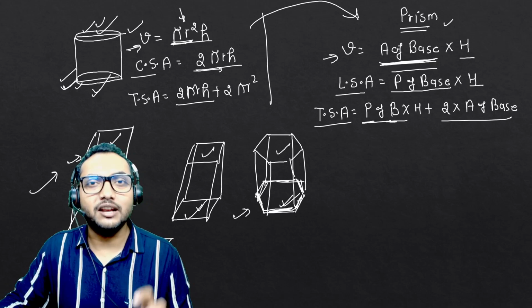So if we are saying that the volumes are same for both the prisms, right? That means the respective area of the base and height should also be identical. That means they should also be equal, right? So if the respective bases and the heights are equal, that means the multiplication will also be equal. And if the multiplication of area of bases and heights are equal, that means the volumes are equal, right?